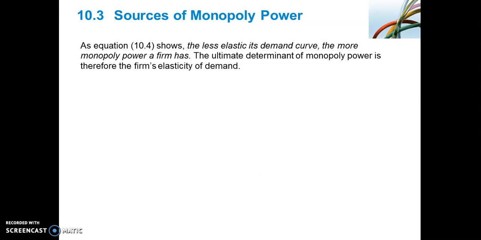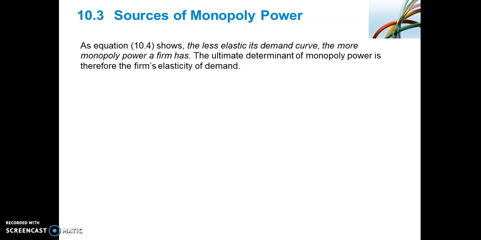Although we did not discuss the measurement of monopoly power using equation 10.4, that was in sections 10.1 and 10.2, it is important to know what monopoly power is and what the sources of monopoly power are. To quickly recall, monopoly power is the firm's ability to set its price above marginal cost.